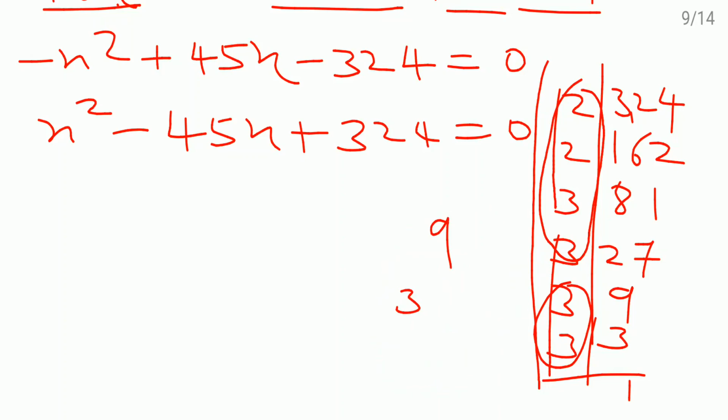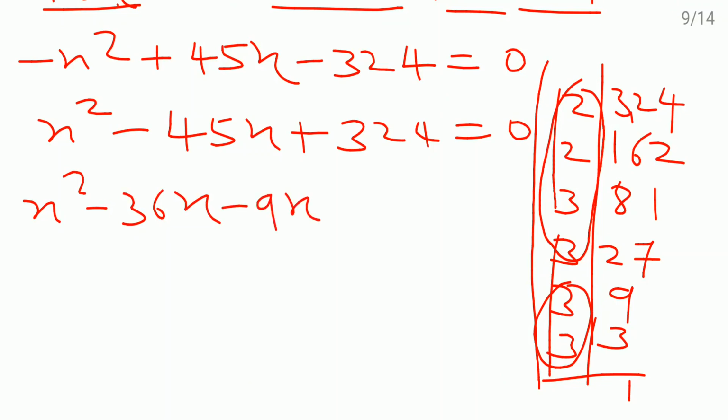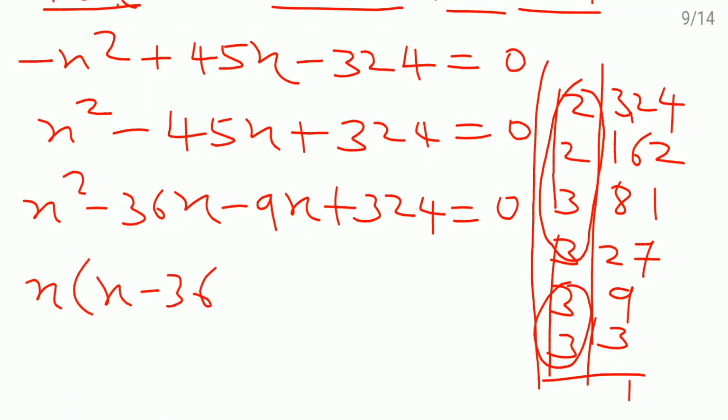So here I'll write X square minus 36X minus 9X plus 324, because minus 36 into minus 9, the product will come plus 324, which is equal to 0, correct? Now from the first two terms I will take X common, so X minus 36.